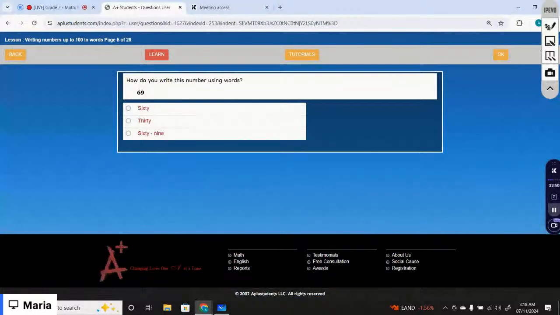How do you write the number using words? So which is the correct option? That is 69.